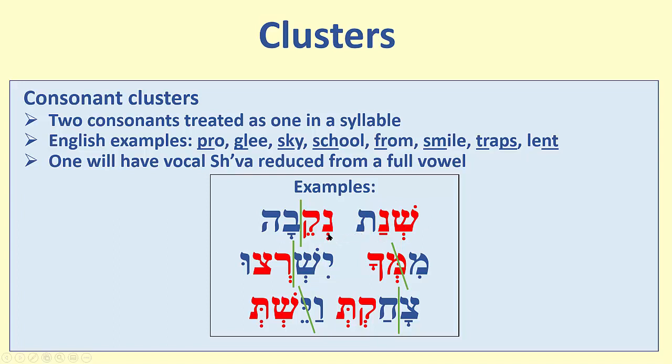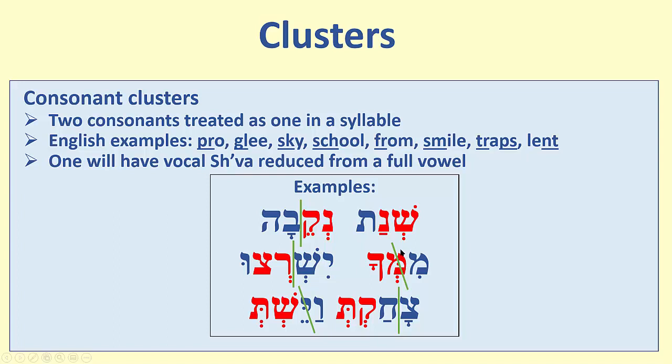The next word is nikeva. This is an audible schwa, but it works as a cluster with the kuf. In the next example, we have a strong dagesh in that second mem, meaning that there are grammatically two of them.